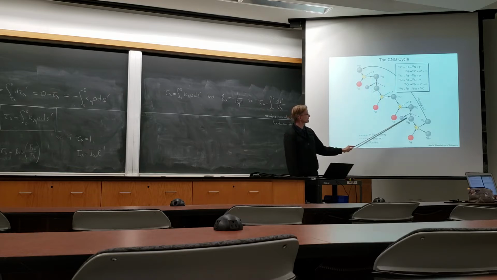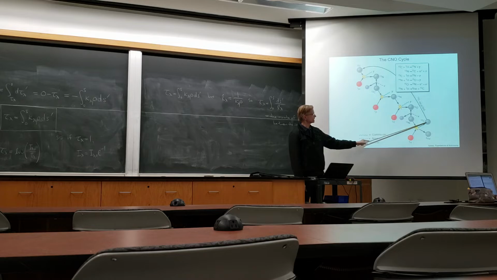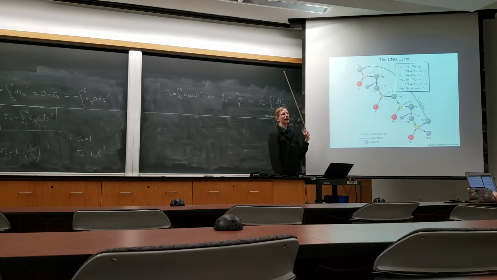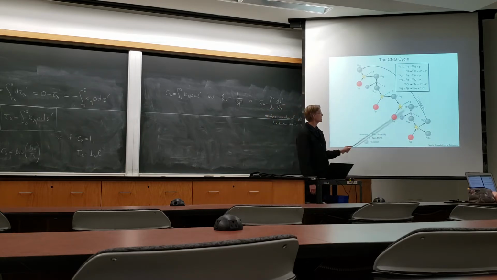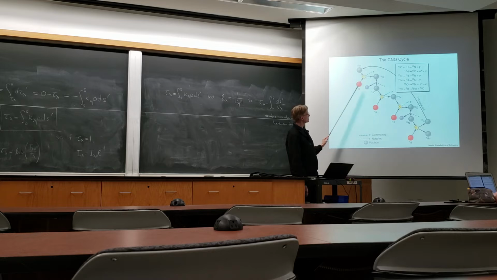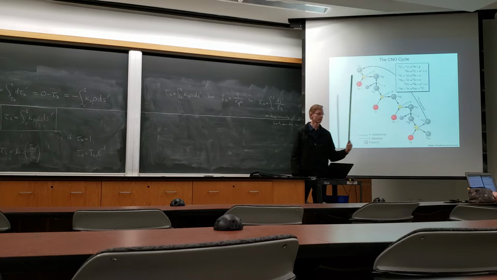And it's a cycle because in the last step, a nitrogen-15 nucleus is hit by a proton, and it splits apart into a helium-4 nucleus, and then you get back the carbon-12 that you started with. So it's a cycle because the carbon-12 is recycled, and it's free to participate in this process again. The net reaction is exactly the same, so 1, 2, 3, 4 protons fuse into a helium-4 nucleus.